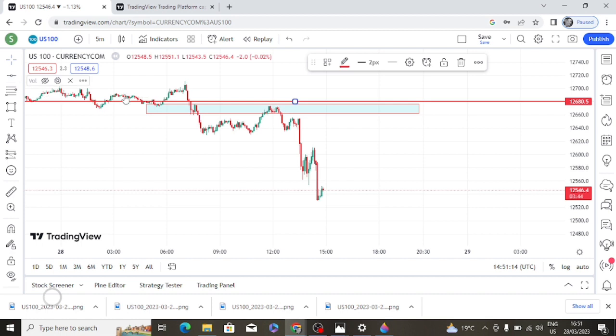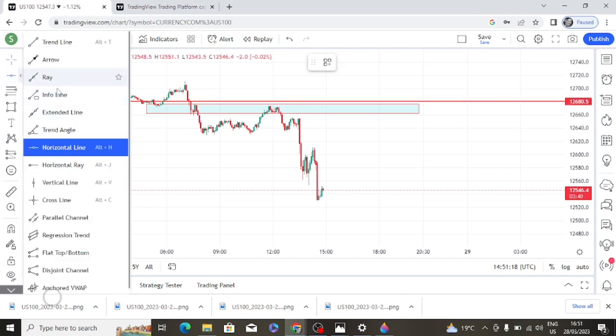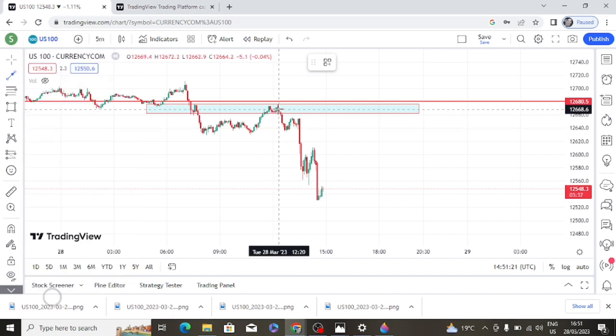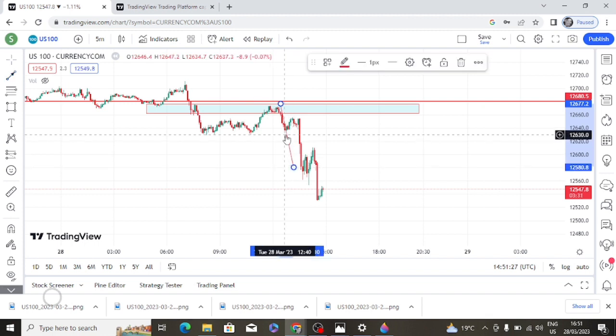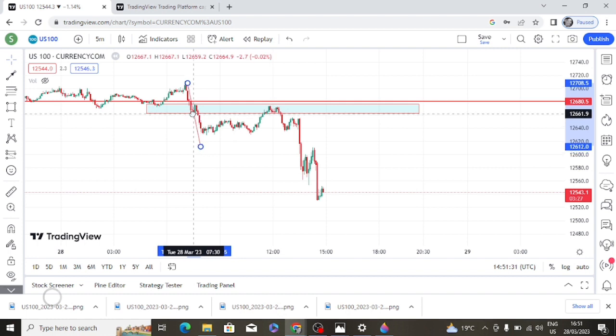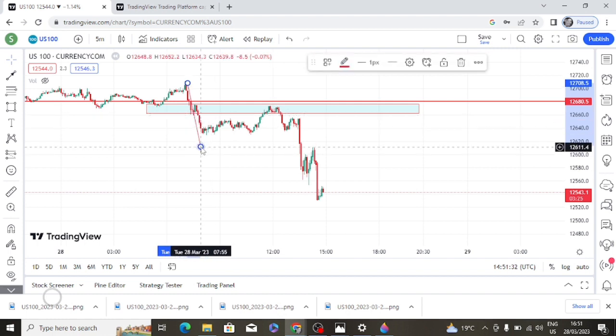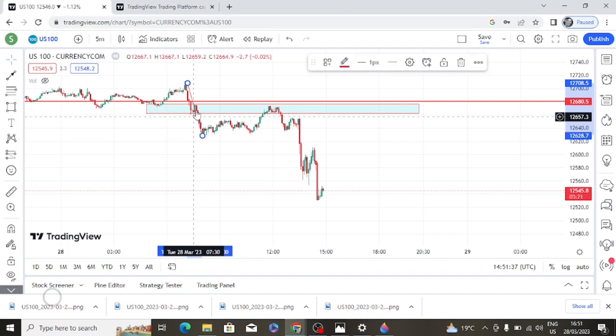I had my take profit. This is how I measured my take profit. And I was actually taken out. I didn't get to see any of these movements. I just set my parameters, executed, set my stop loss, my take profit, and by the time I came back to check on it, it was done paying me.